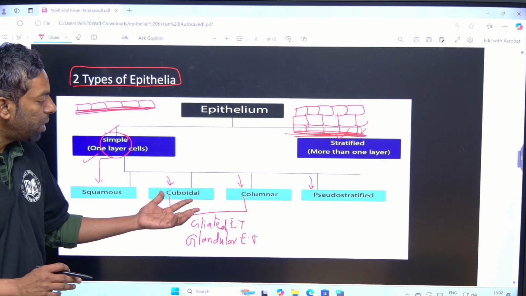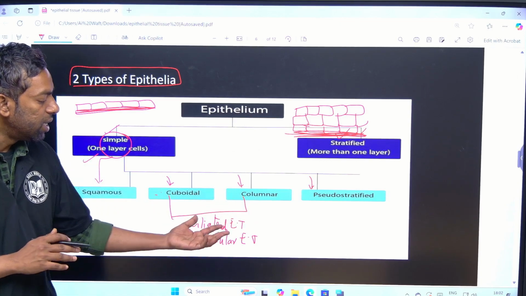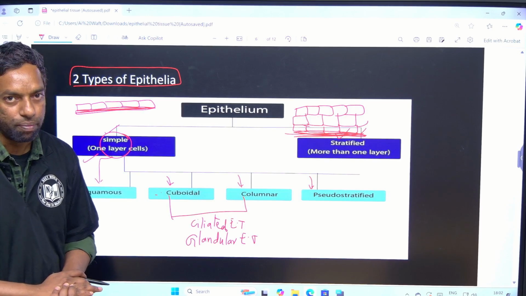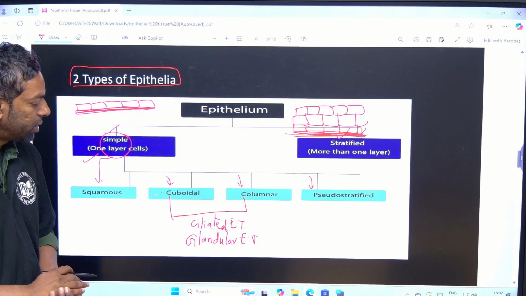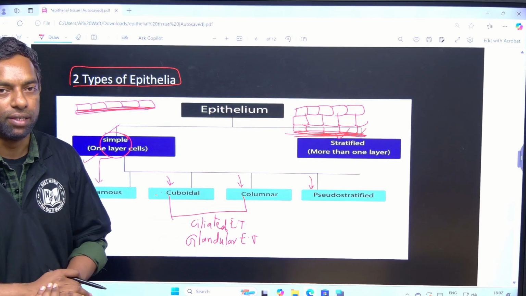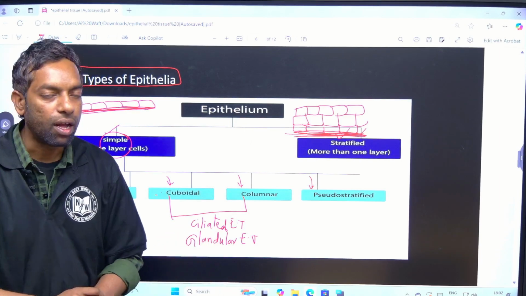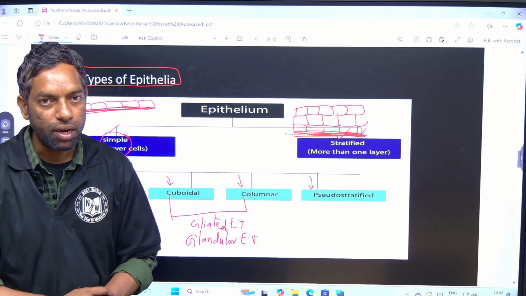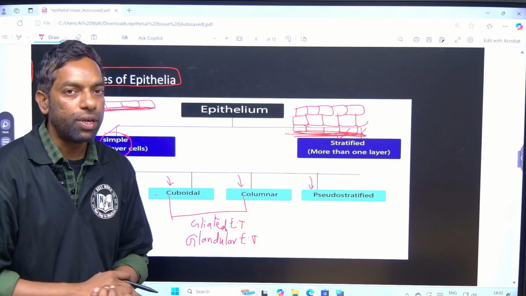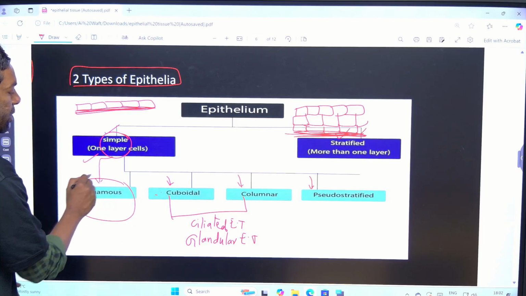Cuboidal and columnar epithelial tissue can convert into ciliated epithelial tissue for their functional need. And some epithelial tissue can give secretions, hormonal secretions. That epithelial tissue we can call glandular epithelial tissue. We are going to discuss first squamous epithelial tissue.